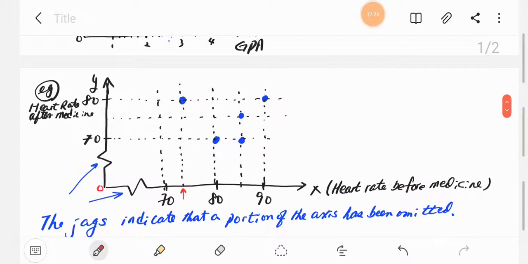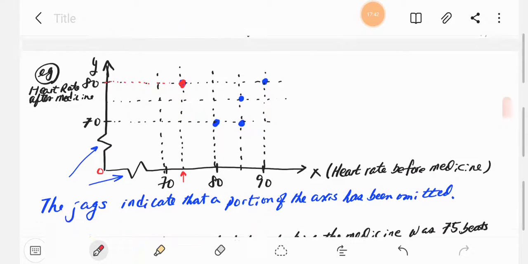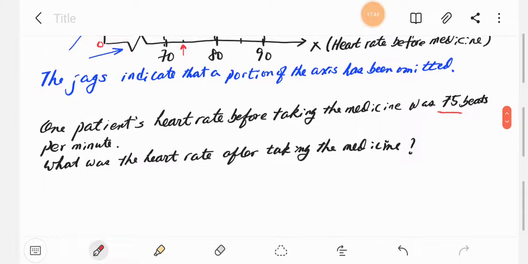Before taking the medicine, it was 75. So let's start from here, and if you go all the way up, here is 1 point. Then if you go to the left, we get 80. So this is how we do it. On the horizontal line, we found 75, then go up all the way, and it meets at 80.